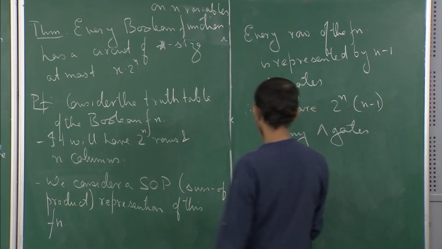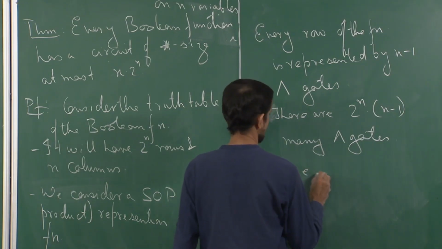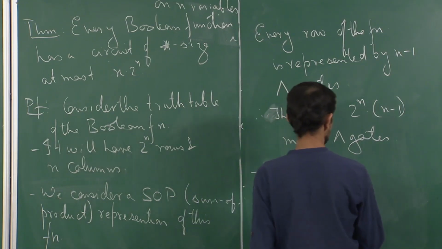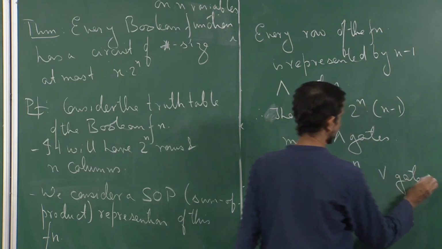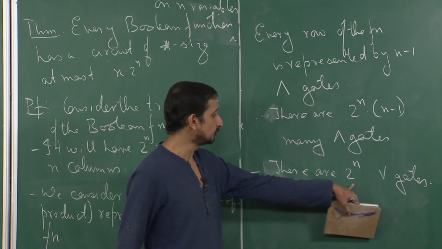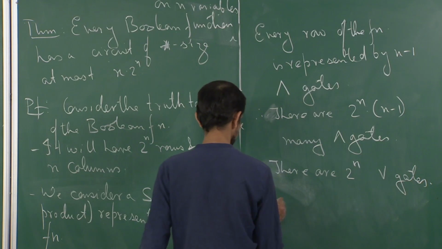So there are 2 to the power n OR gates. In fact, to be more specific, there are actually 2 to the power n minus 1 many OR gates, but that's okay. 2 to the power n OR gates.